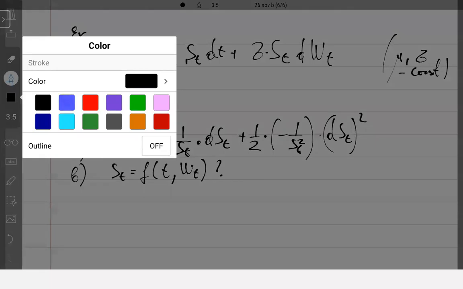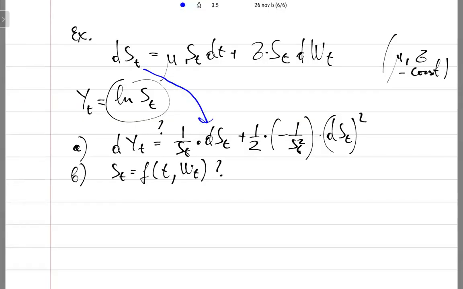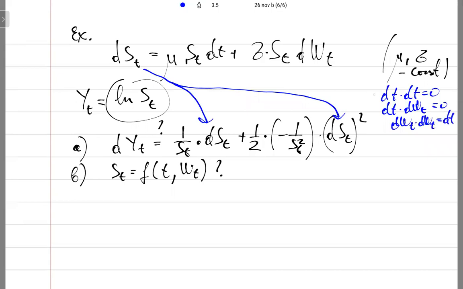Then I will plug in dS here and there, and use symbolic simplification rules like dt times dt is 0, dt times dWt is 0, dWt times dWt is dt. This is nonsense by itself, but these mnemonic rules help us to obtain a correct full form.